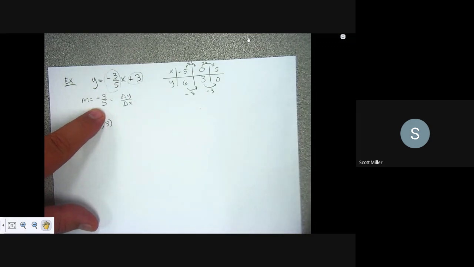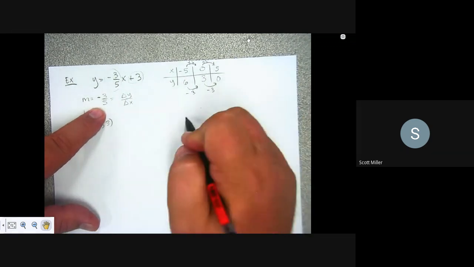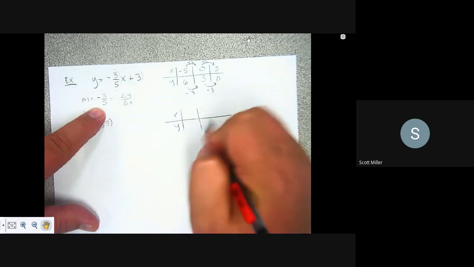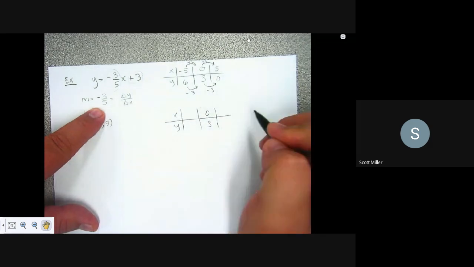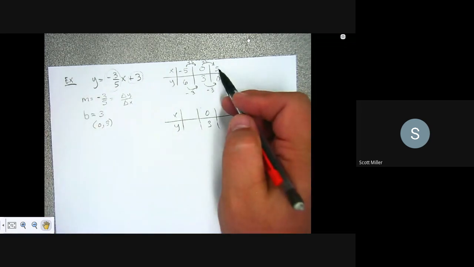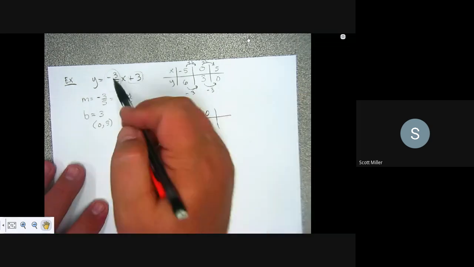Another way to do the exact same thing, if you didn't want to do this approach, is simply zero always is in the middle. Just pick a number. Now, why is this a better one? Why would I pick 5? Remember in that little note I said try to avoid fractions. My slope is a fraction.